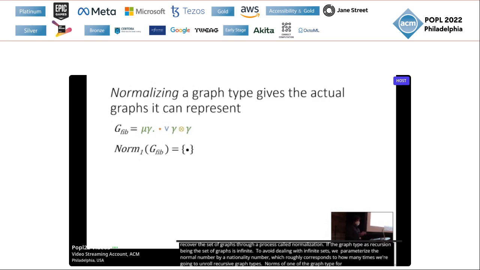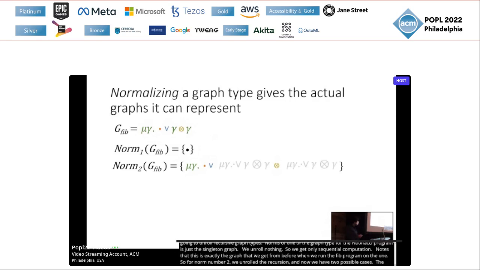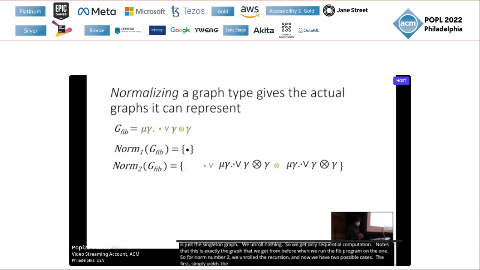We unroll nothing, and so we get only sequential computation. Note that this is exactly the graph that we get from before when we run the Fib program on an input of 1. So for norm sub 2, we unroll the recursion, and now we have two possible cases. The first simply yields the singleton graph as before. And the second yields two recursive instances of gfib.